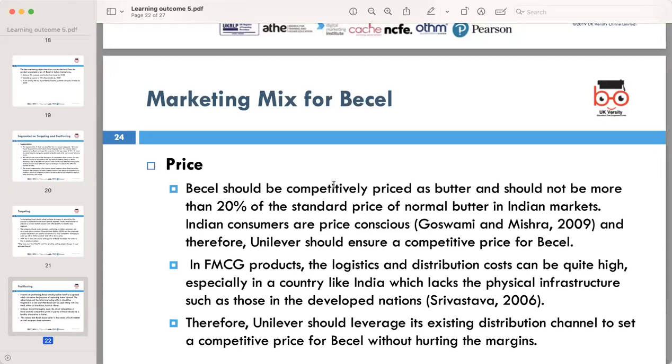It is worth noting that in the FMCG sector, logistics and distribution costs can be relatively high, especially in a country like India, which may lack the physical infrastructure seen in developed nations. To address this, Unilever should leverage its existing distribution channels to set a competitive price for Basil without compromising profit margin.